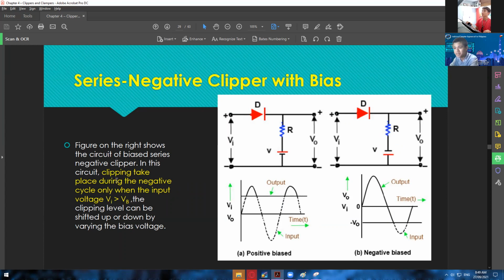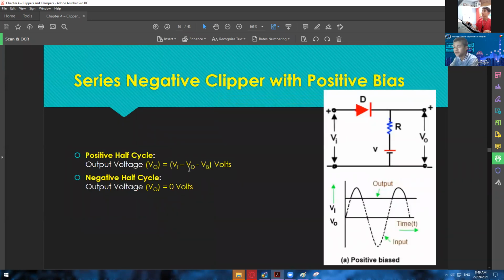Clipping takes place during the negative cycle only when the input voltage is greater than the bias voltage. It is saying that we have the complete clipped negative part if we have a higher VI than VB. But if we have a higher VB, then that is not the case anymore. Again, here are the formulas that you can use during the positive half cycle and during the negative half cycle.